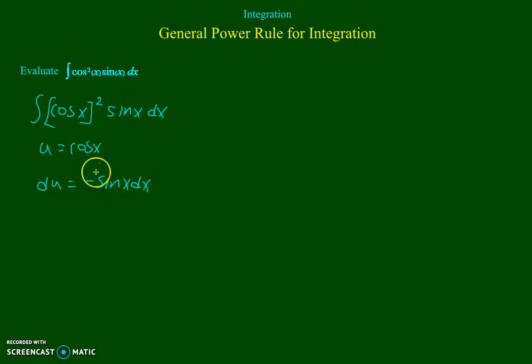And you'll notice that we have a superfluous negative sign here. So we're going to pull the negative sign over. So that's negative du equals sine x dx. So now we have a pattern match.